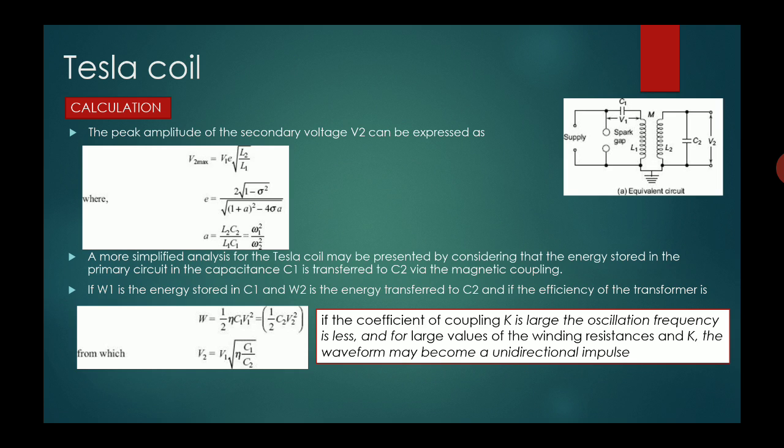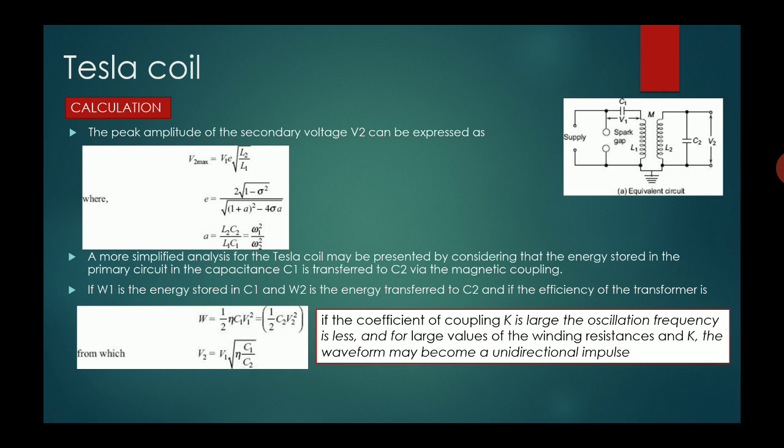So let us check the calculation. The peak amplitude of the secondary voltage is given by this expression V2 max, where you have the expressions E and A in terms of a ratio of L and C. A more simplified analysis of the Tesla coil may be presented by considering that the energy stored in the primary circuit capacitor C1 is transferred to C2 via magnetic coupling.